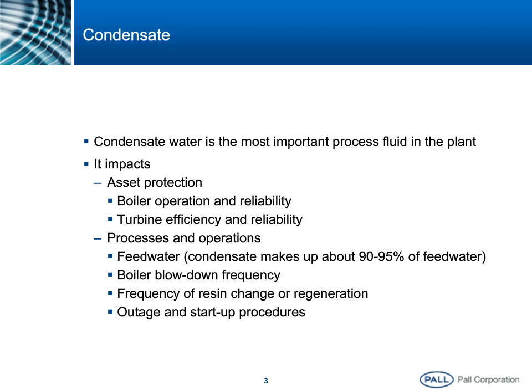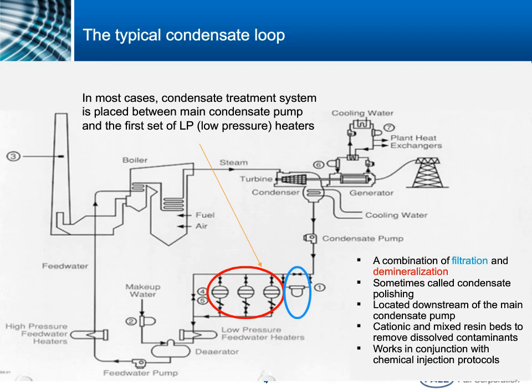So a little bit more of a visual cue on this slide. You see the typical steam cycle we just discussed, so water coming out of the turbine through the condenser, and then all the things that you have to do before this water goes back in the form of feed water into the boiler. I want to get your attention on the two circles on this slide, because that's really the location where the treatment, or what we call condensate polishing, is going to happen.